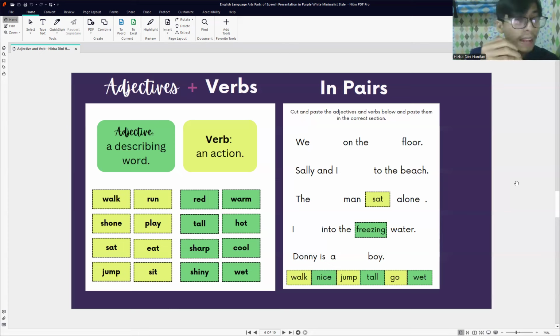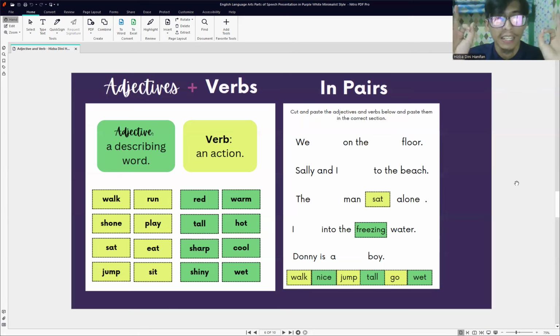We have red, warm, tall, hot, sharp, cool, shiny, and wet. Any question before we get to the real business here? No? Easy, right? Green for adjective and yellow for verb.